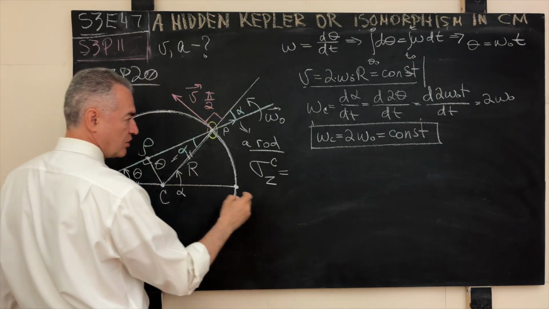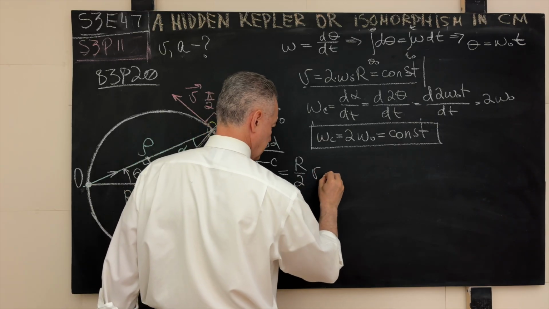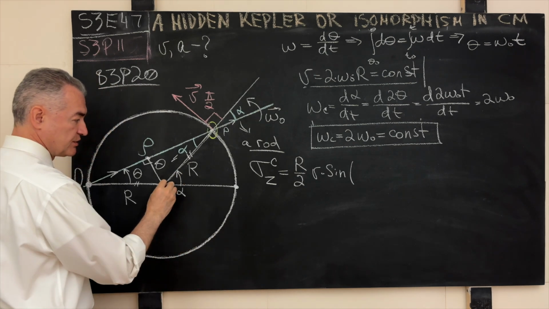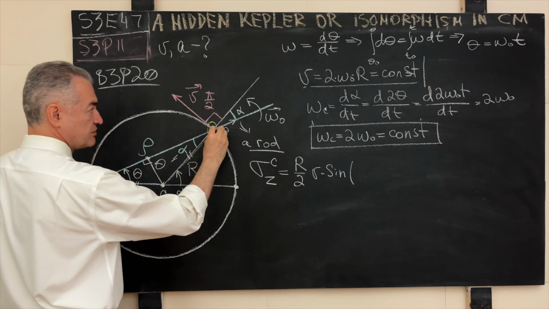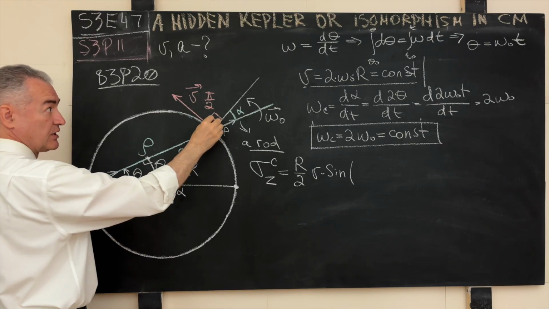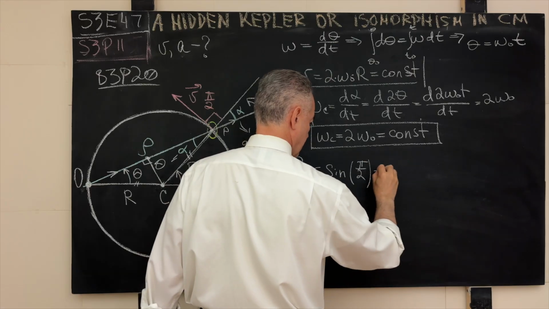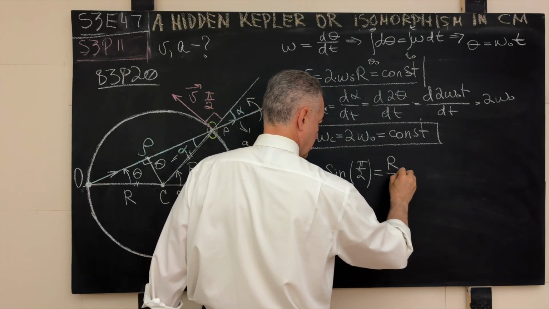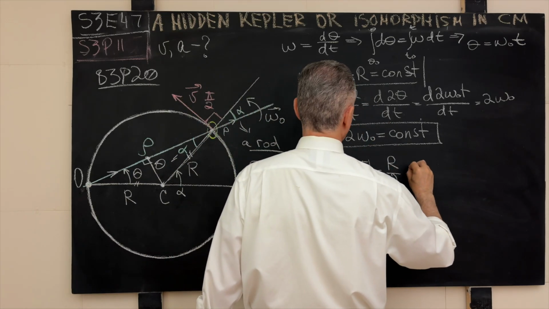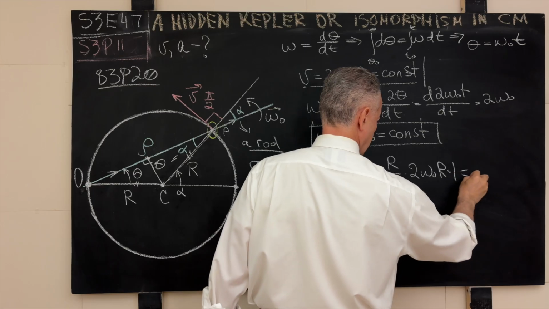The radius vector r is a constant quantity, r over 2 times v times the sine of the angle between them. What is the angle between the radial direction and the velocity vector, which is tangent to the circle at every point? Pi over 2. So this is pi over 2. So now we have r divided by 2 times the velocity. What's the velocity? Times 2 omega 0 r times 1.